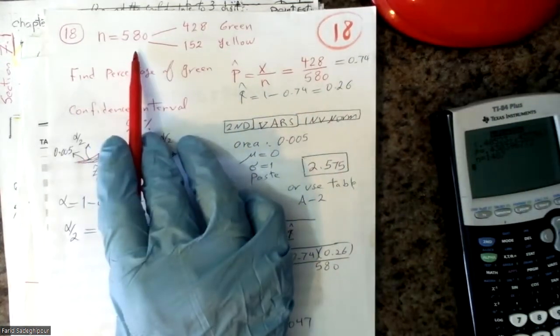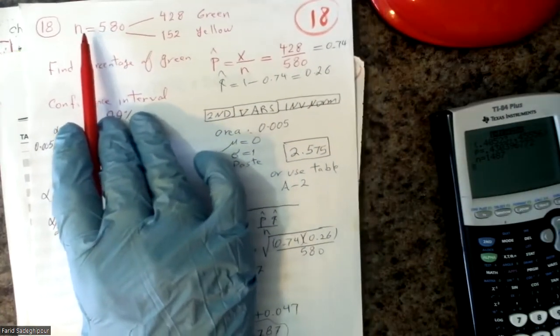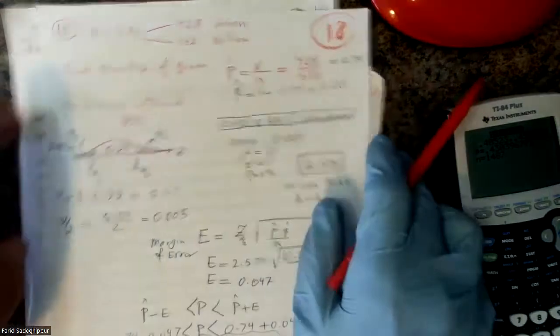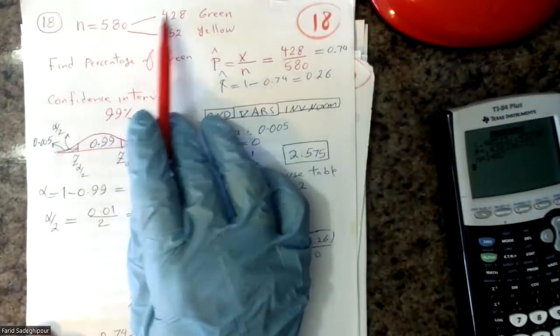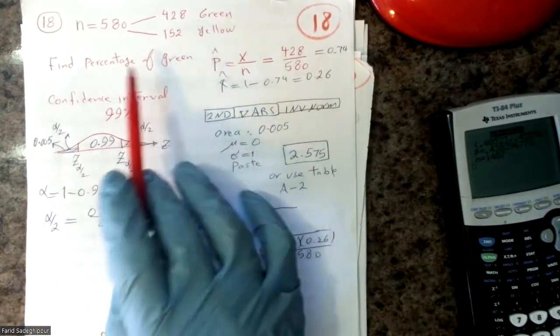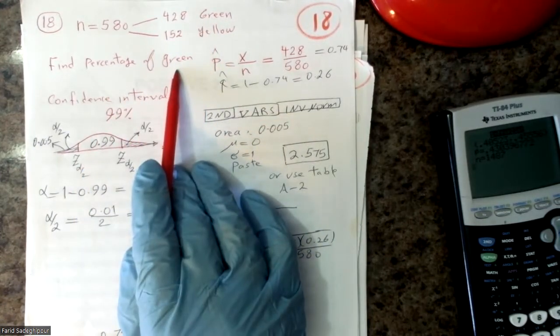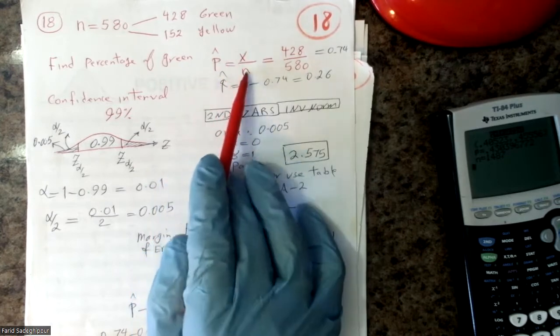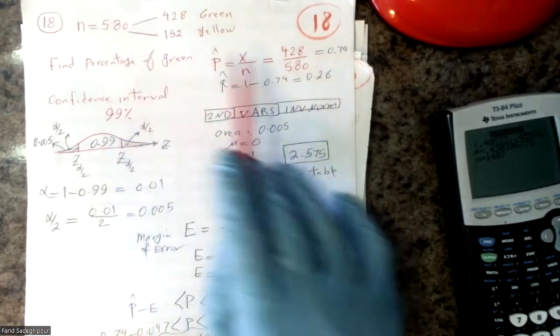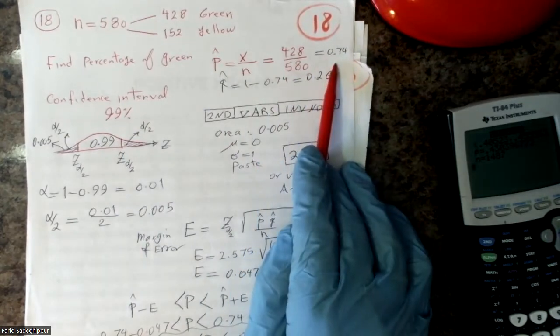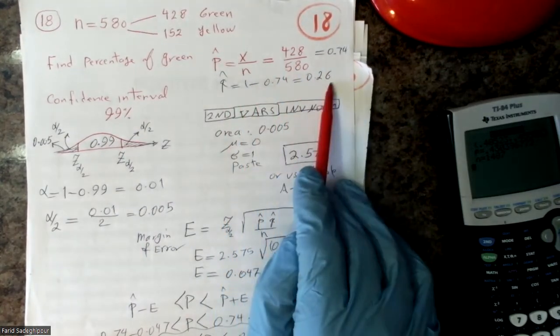So out of 580 peas, 420 are green, 152 are yellow. Find the percentage of the green. P hat is X over N. The percentage of the green is 428 out of 580. That's 0.74. Q hat is always 1 minus that.